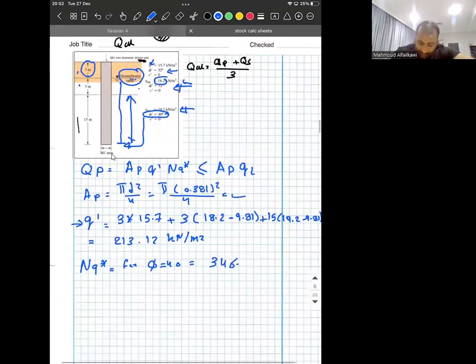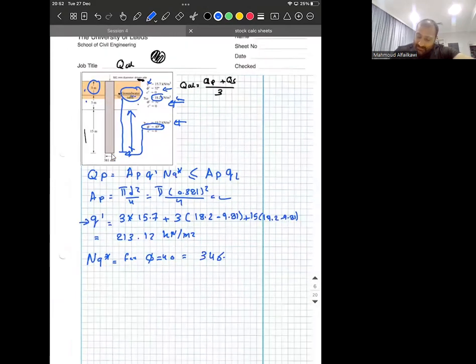Cool. Since I know the formula of this as well, I'm going to put them in one go immediately, because I don't want to make the video too long. So A_p, which is the area of the pile, pi multiplied by 0.381 squared over 4, multiplied by q naught, which I calculated as 213.12, multiplied by N_q, which is 346.